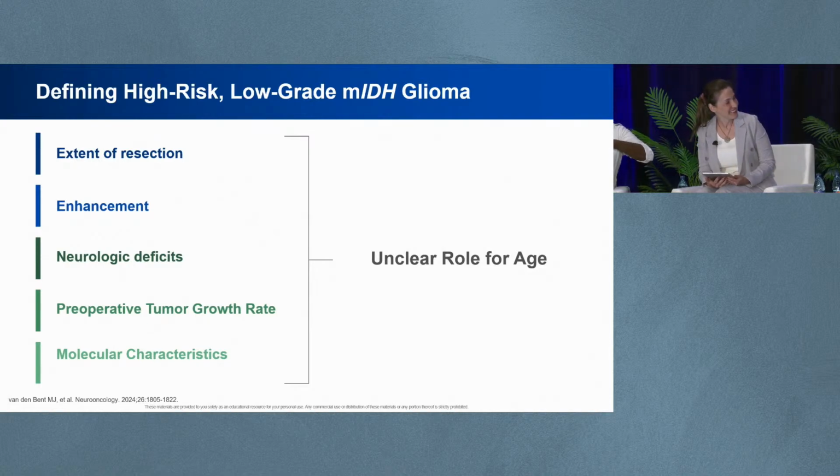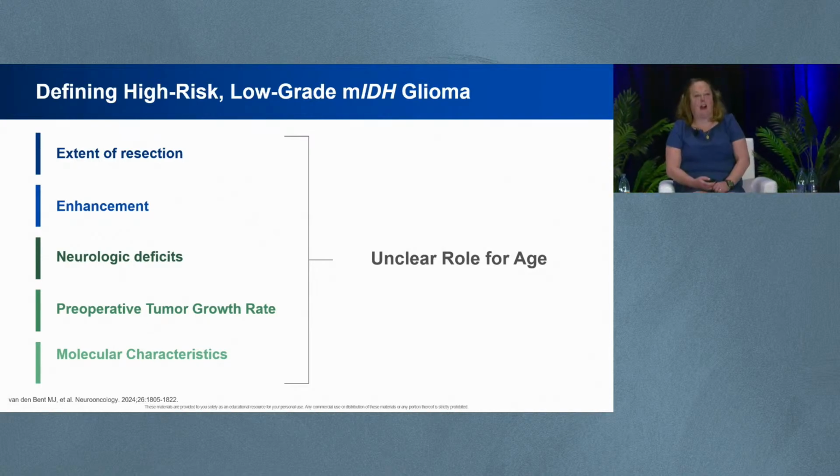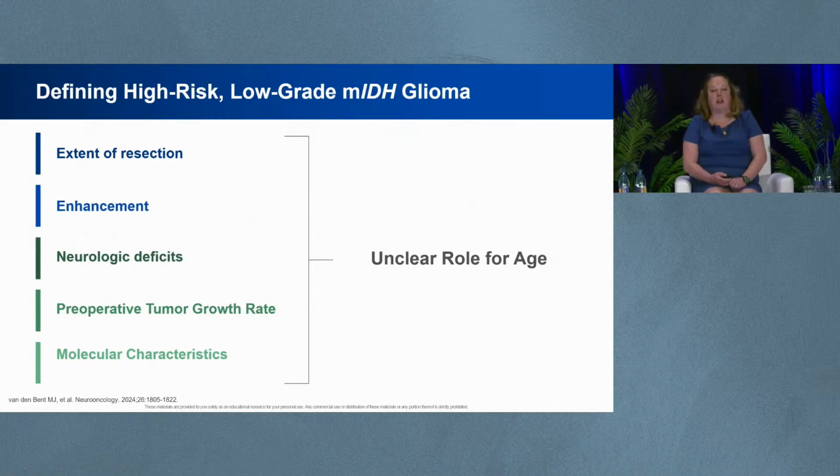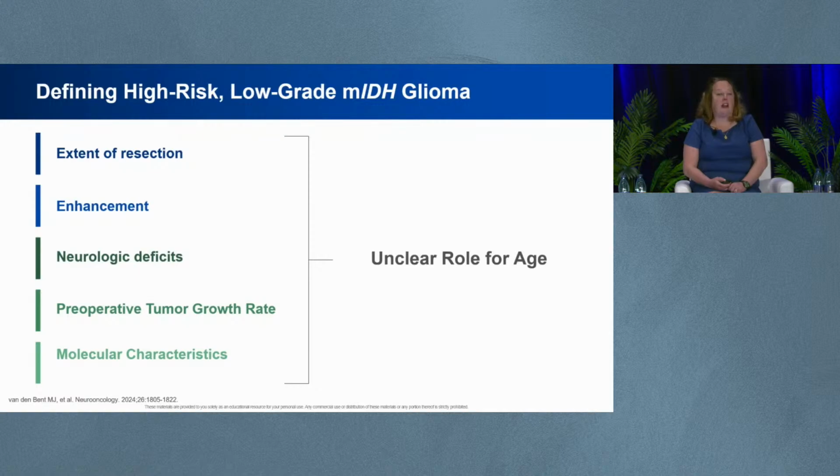It doesn't anymore. I think this is really key. In the older studies, when age was considered, this was before we had the luxury of knowing whether it was an IDH-mutant tumor or not. So essentially those patients who were older probably had an IDH wild type tumor, and hence a glioblastoma.